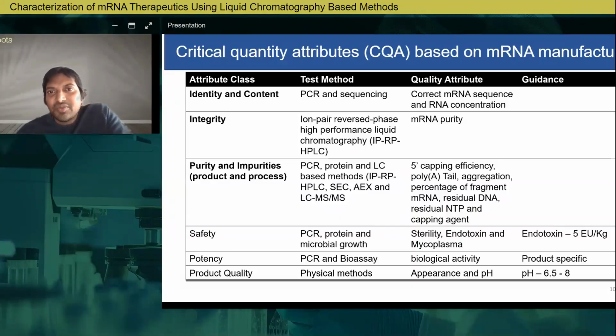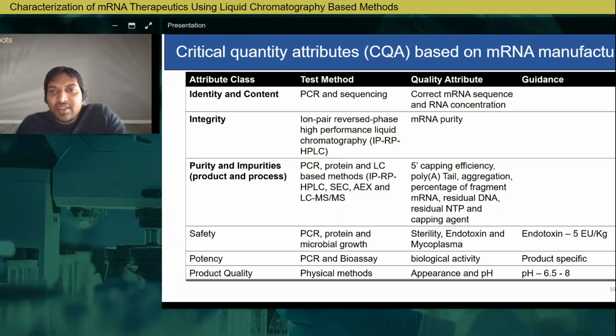The quality attributes we identify here would be 5' cap efficiency, poly A, aggregation percentage, fragments of mRNA, how much is full length compared to truncated, residual DNA, meaning how much plasmid DNA is still present in your product, and residual NTPs and the capping reagent. Again, we'll talk more specifically about each of them.